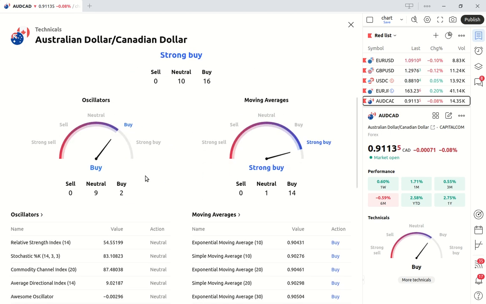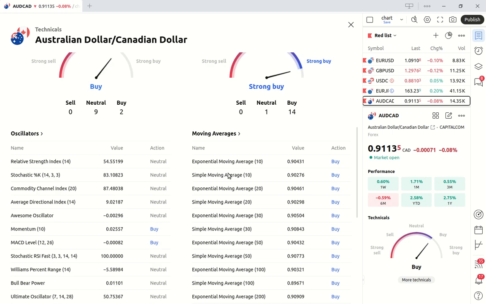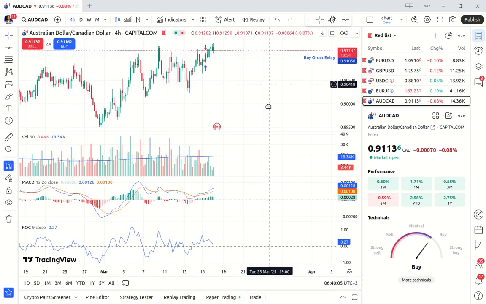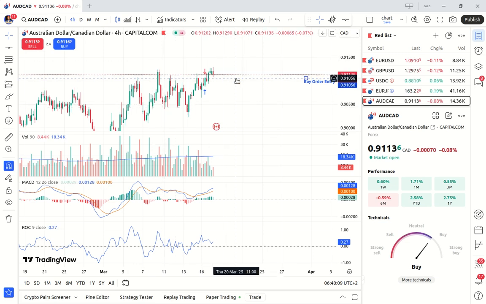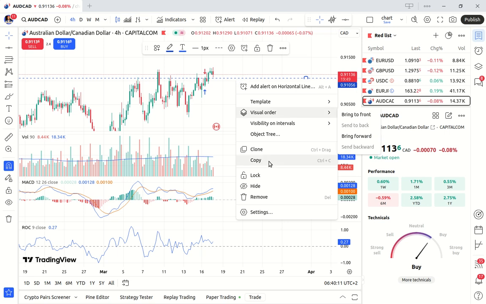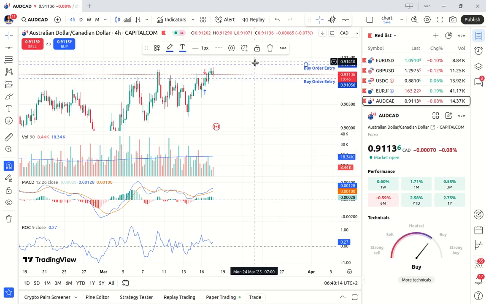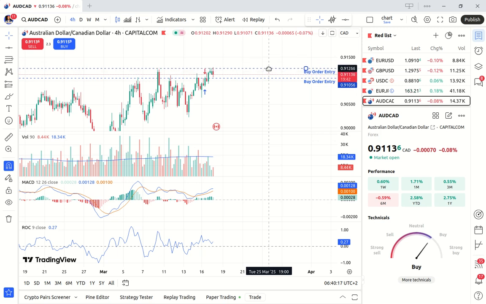On the MACD. Okay, so this one is another buy signal. So we can just clone this. Then we place it on the previous candlestick high, previous candlestick bar high.